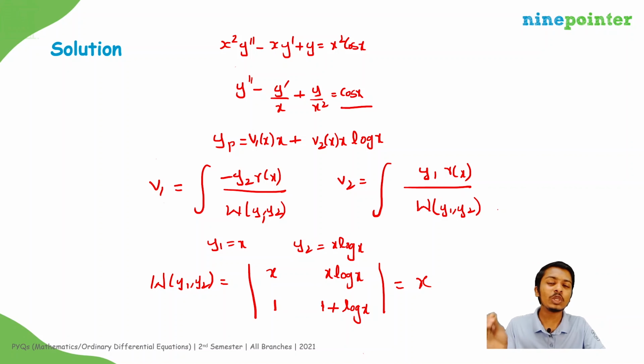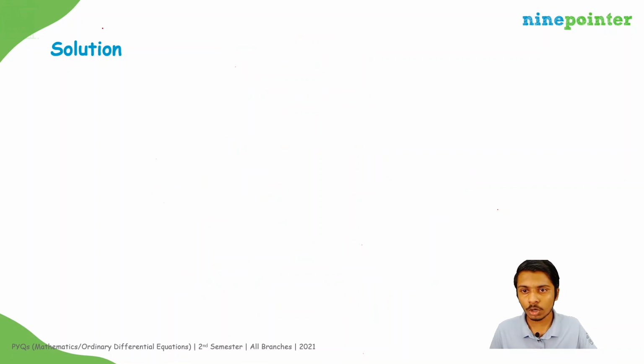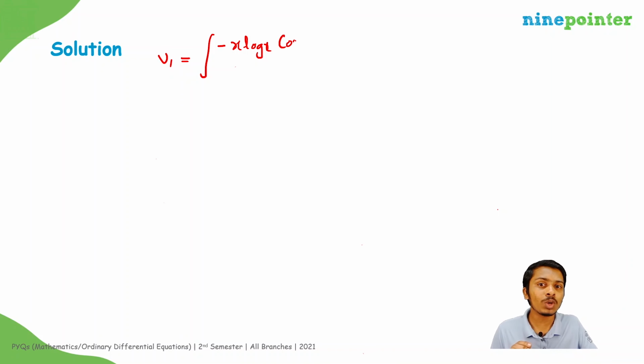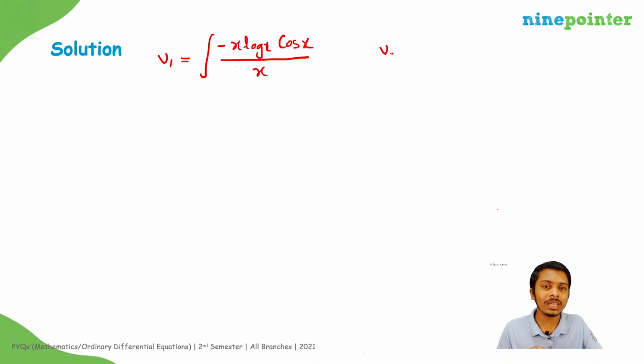And now I have to substitute different things in order to evaluate what v1 is and what v2 is. So v1 is equal to integral minus y2, what was my y2? x log x, into r of x, what was r of x? It was simply cos x, divided by the Wronskian, which is x. So I can get v1 by this integration. And what will be v2? v2 doesn't have any minus sign.